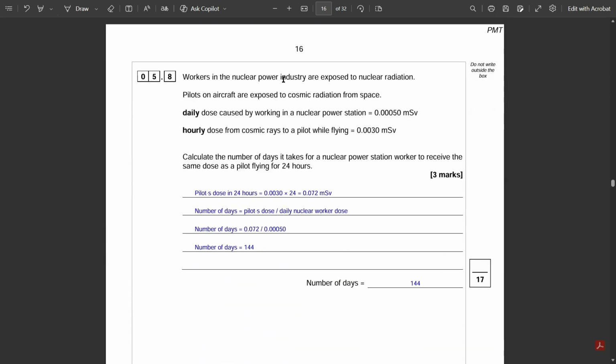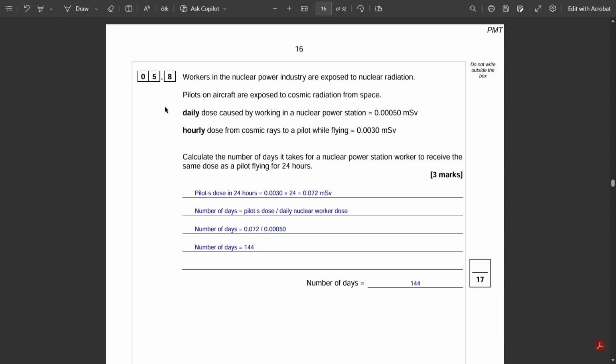Workers in the nuclear power industry are exposed to nuclear radiation. Pilots on aircraft are exposed to cosmic radiation from space. The daily dose caused by working in the nuclear power station is 0.00050 millisieverts, and the hourly dose from cosmic rays to a pilot while flying is 0.003 millisieverts.